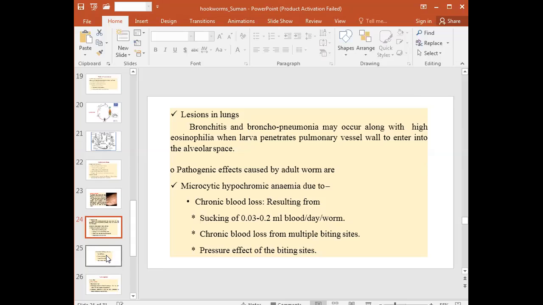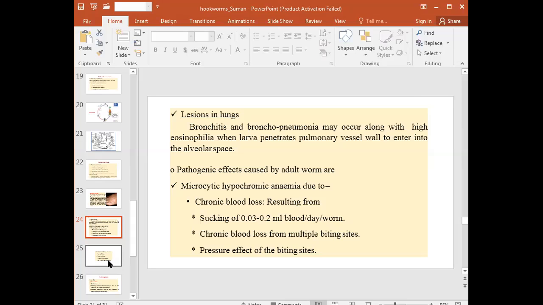So what are the pathogenic effects we have seen in case of the adult worms? Here microcytic hypochromic anemia is the normal phenomenon in case of chronic blood loss. There is a statistic that a healthy adult parasite sucks 0.03 to 0.2 ml of blood per day from different locations, mostly from the small intestine.